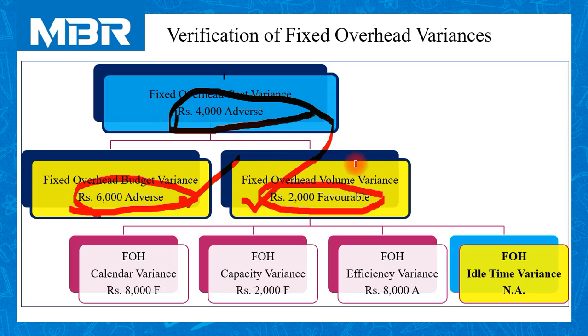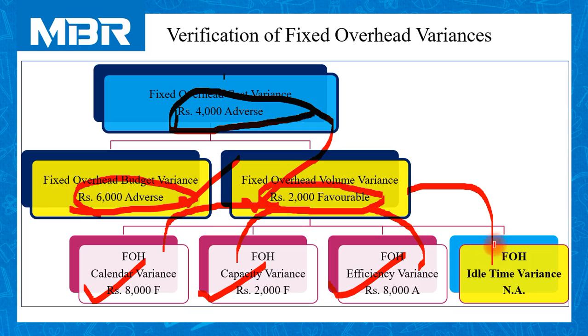Further, fixed overhead volume variance is classified into 4 different variances. Calendar variance 8000 favorable. Capacity 2000 favorable, efficiency 8000 adverse, and in this question IT variance is not applicable.